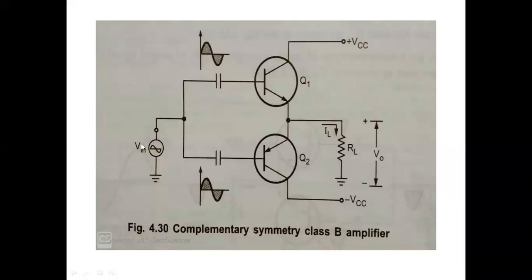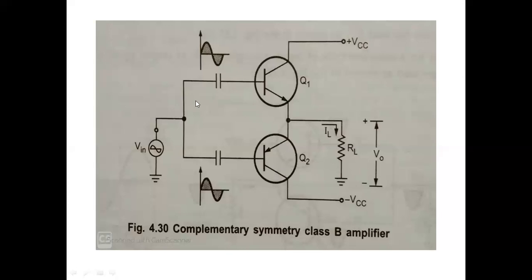And during the negative half cycle, when we are applying some negative half cycle, what happens? The negative half cycle passes to the NPN transistor. During the negative half cycle, Q2 gets biased into conduction, or Q2 becomes on, because here we are applying the negative half cycle to the PNP transistor. This will be on, and we have some load current at the load resistance due to this transistor.